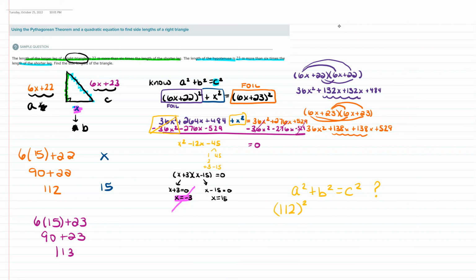So 112 squared plus, and then for the B side, we just had x, which was 15 squared. And then the C side was 113 squared. So now you notice they don't actually add up to 112 plus 15. You have to square them individually and then add them individually.